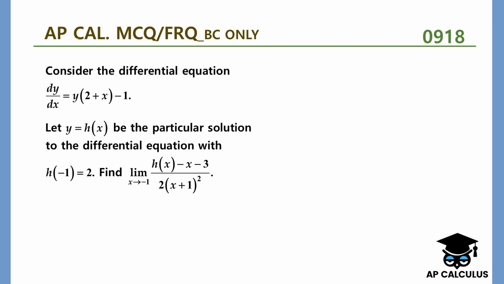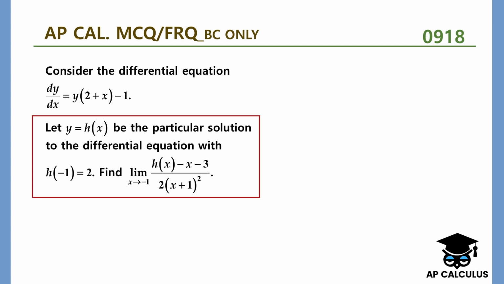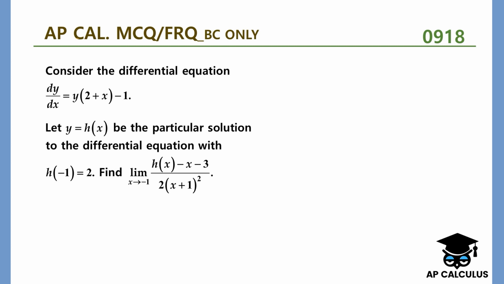Question 918. Let y is equal to h of x be the particular solution to the differential equation with h of -1 is equal to 2. Find the limit of this value. This is the limit as x approaches -1. We're going to substitute -1 for x. So that's going to be h of -1 minus (-1) minus 3 over 2 times (-1 plus 1) squared.